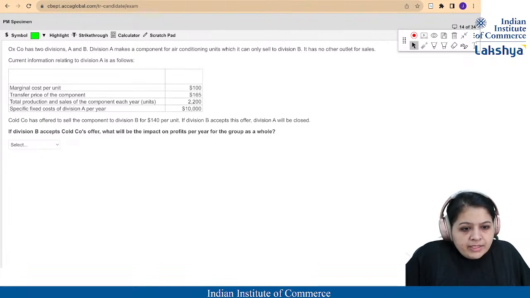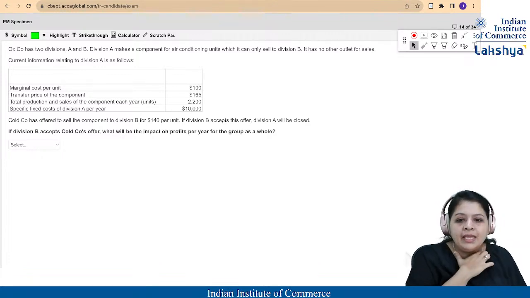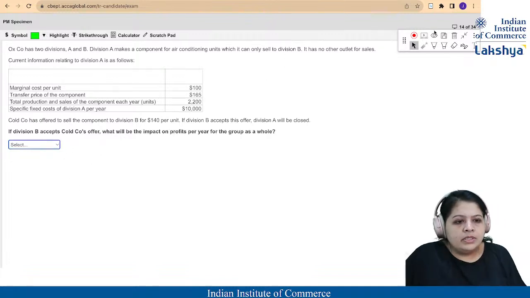If division B accepts, division A will be closed. We need to find out, if division B accepts Coal's offer, what will be the impact on the profit for the year. Let's see what the answer comes to.